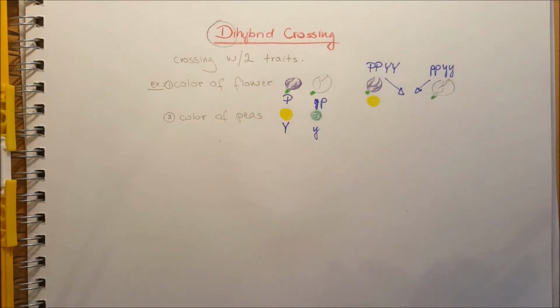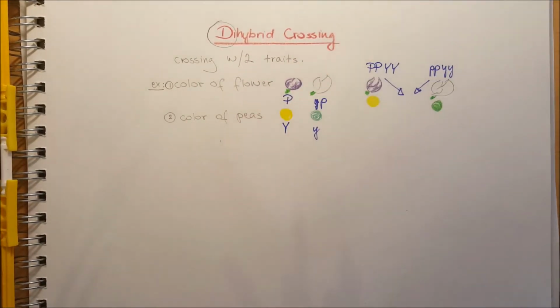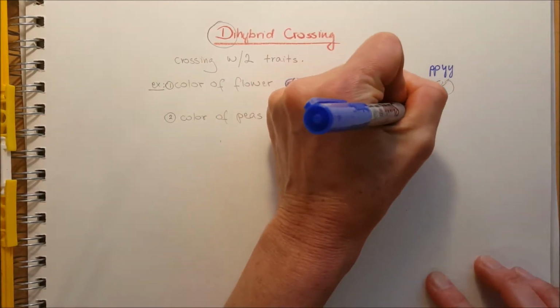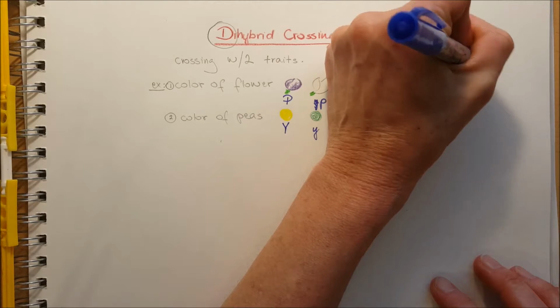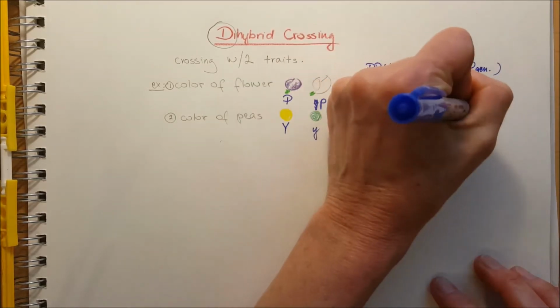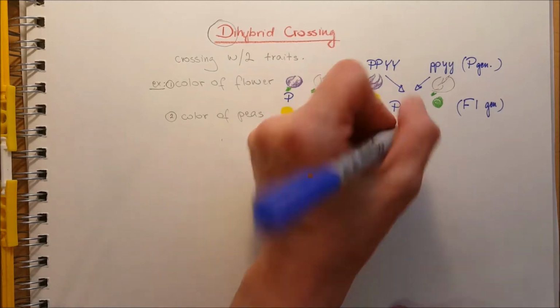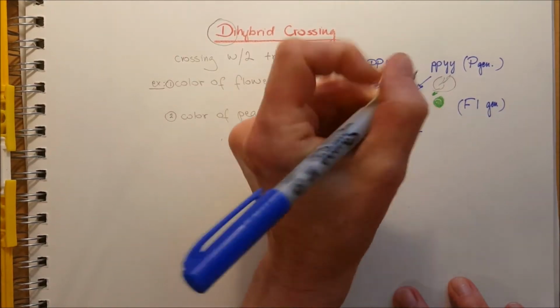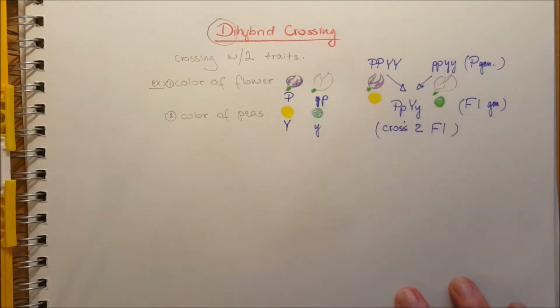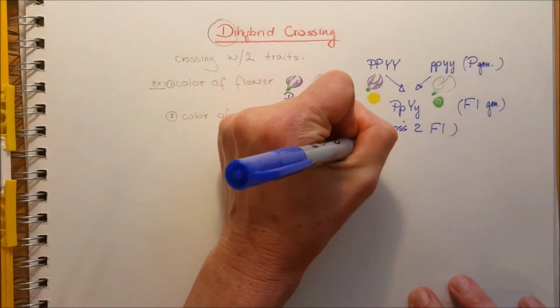The F1 generation, all of them will have purple flowers and yellow seeds.